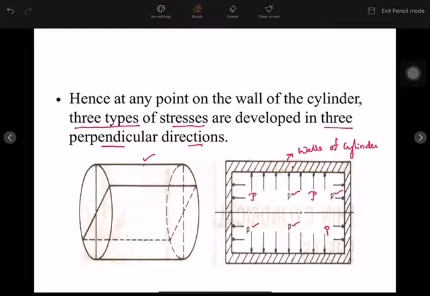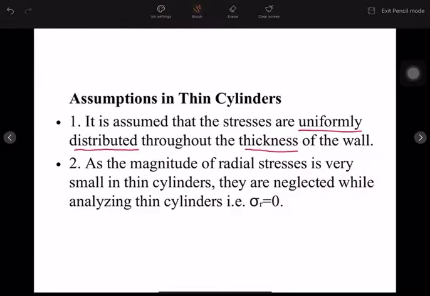In all directions we have capital P. The next assumption is that the magnitude of radial stresses is very small in thin cylinders, so they are neglected while analyzing thin cylinders. That is, the sigma r value will be 0.